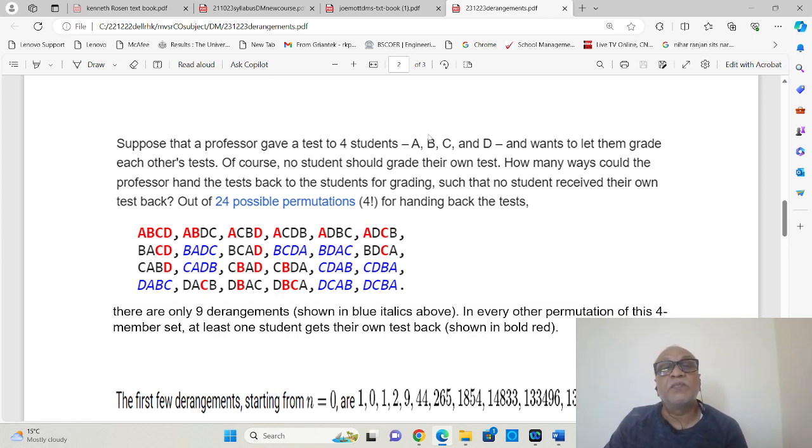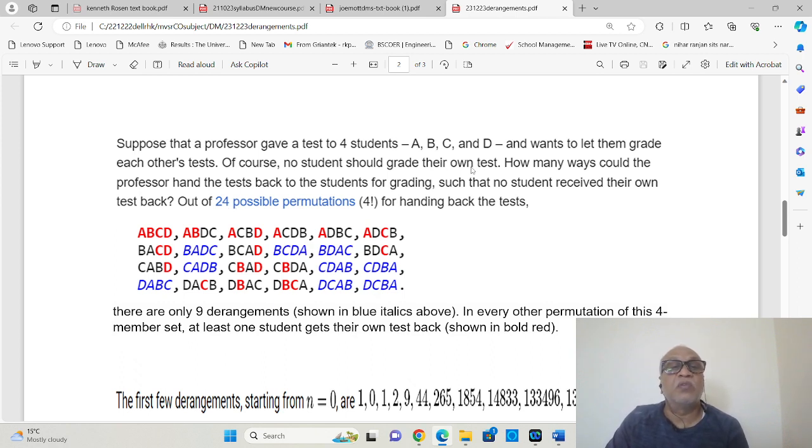First of all, how many objects are there here? A, B, C, D. Four objects are there. So how many permutations are possible? 4 factorial. 4 factorial means 24.